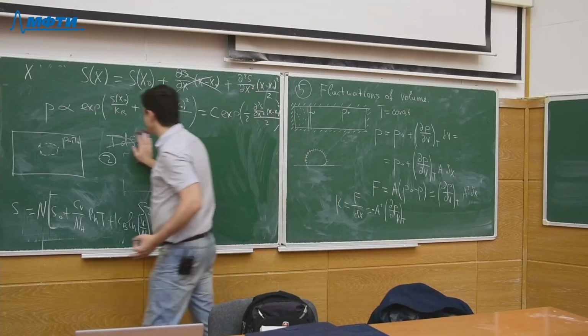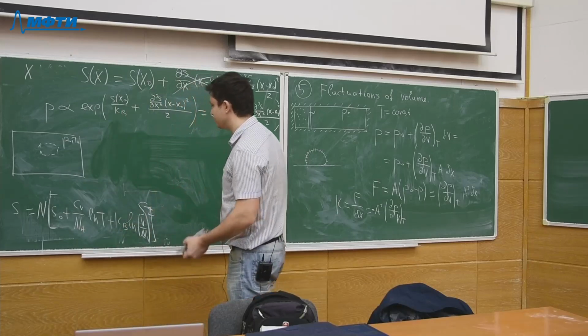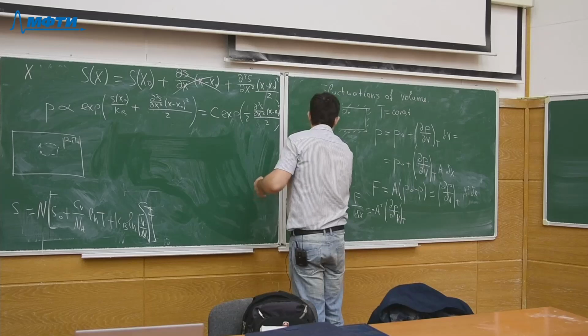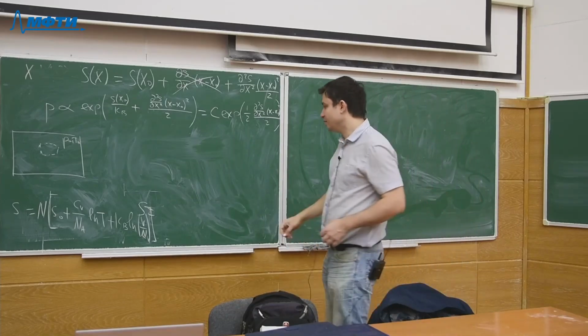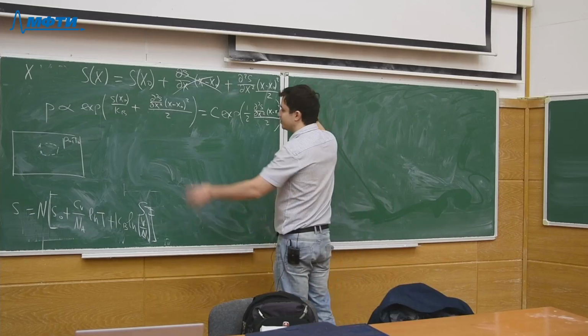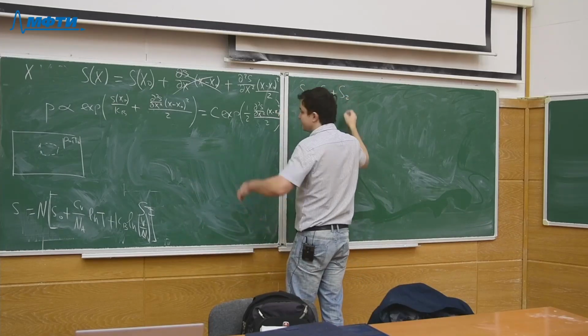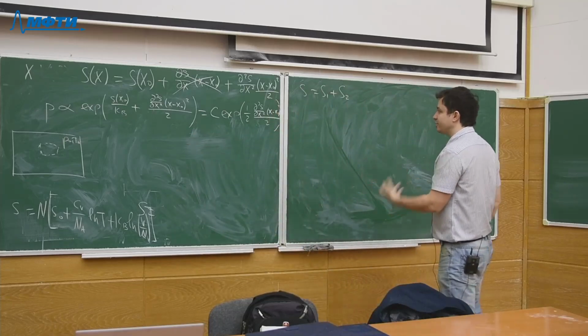Now I'm going to calculate the total entropy of the ideal gas using this equation. The total entropy consists of the entropy of the gas inside the volume V0 and outside of it.